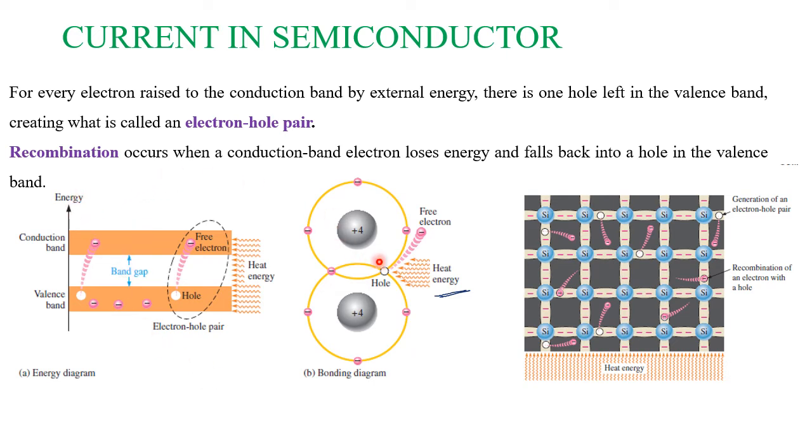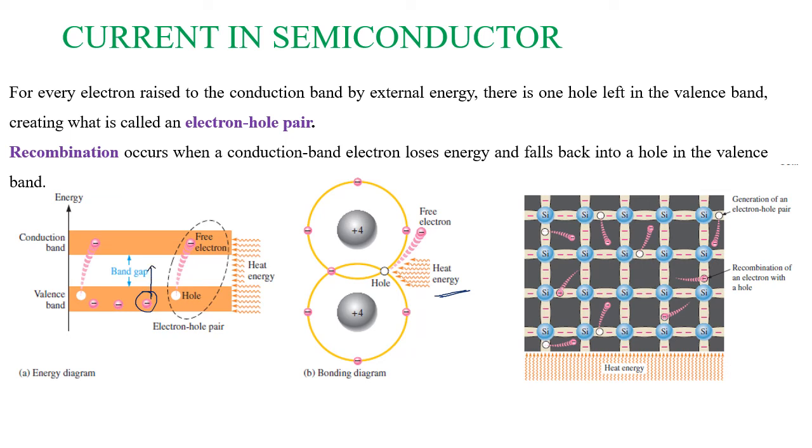Sometimes recombination occurs. Why? Because sometimes this energy will not be sufficient to excite this free electron to come out and occupy the next conduction band. For example, you can see here, this is the valence band. It will get some energy, and with the help of that energy, the electron comes out.